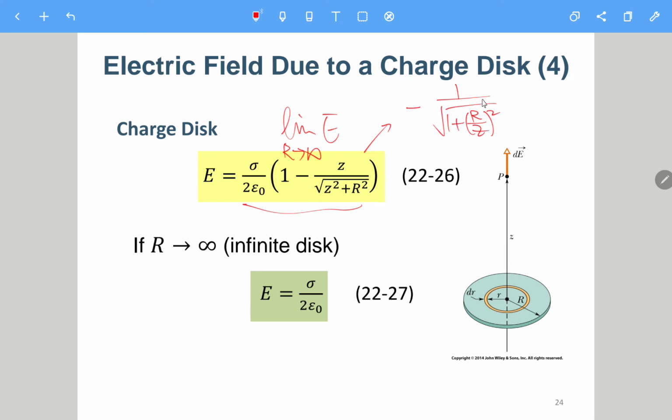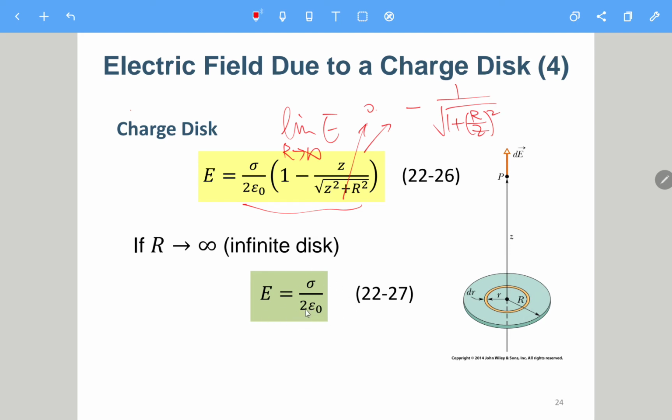So the whole term is 0, right? So this whole term turns to 0. So if we have this assumption, E is only the first term, sigma over 2 epsilon naught.